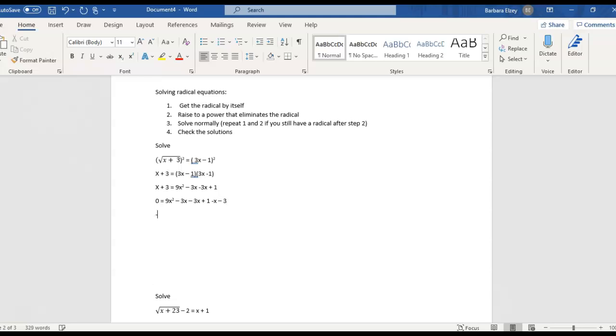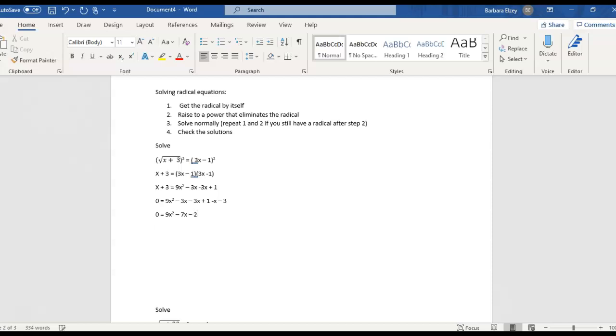So now I'll combine like terms over here. I've got 9x squared, but my negative 3x and negative 1x will add to negative 7x. And my 1 and my negative 3 will add to negative 2.